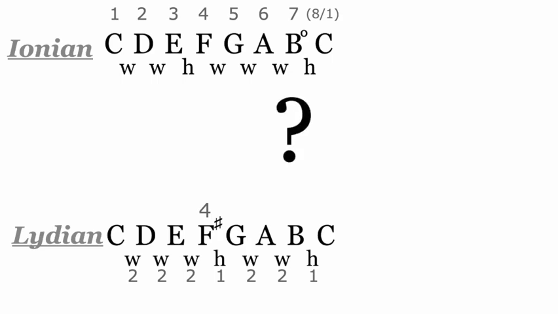So the natural question arises, what does that do to the B in Lydian? They're both major scales, so what happens there? Common sense says that should be a diminished chord as well. But we know it's not.